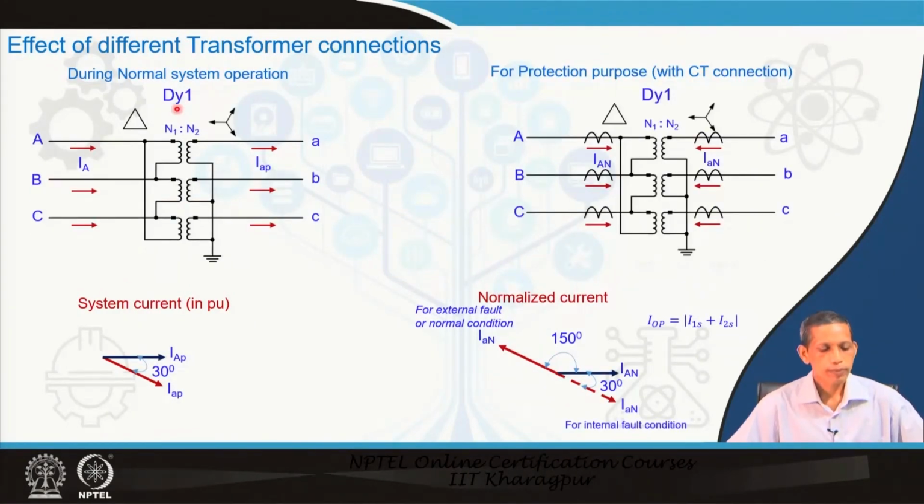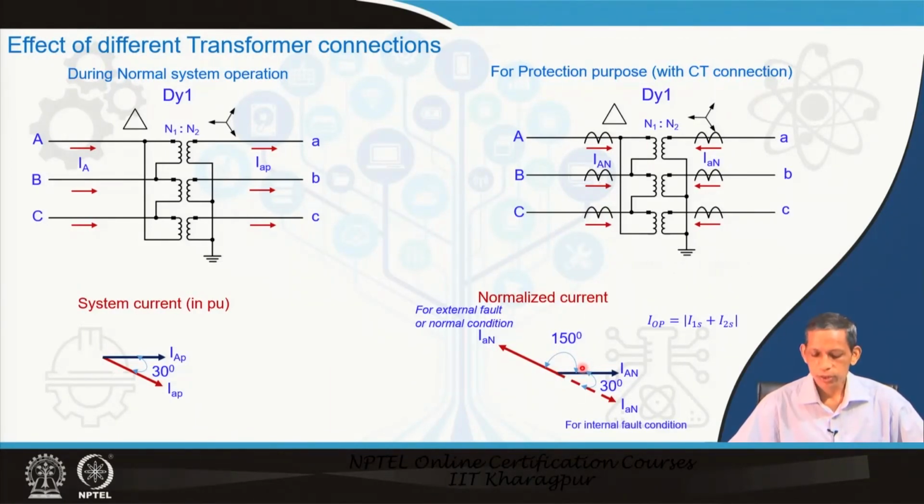Now, go to the DY1, where the high voltage side is delta and the low voltage side is star. The high voltage side leads the low voltage side by 30 degree. This is what the connection says. So, the system side current is similar to what we have discussed earlier. Now, with the CT connected, in the CT secondary side normalized current, 30 degree leads here. Because of the CT connections this will be reversed.